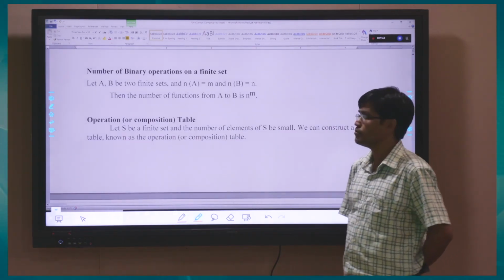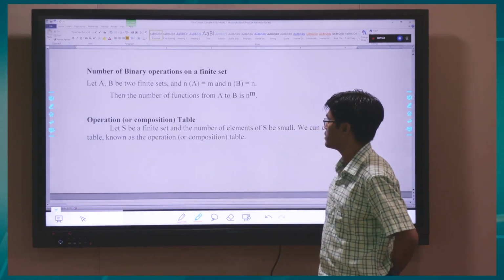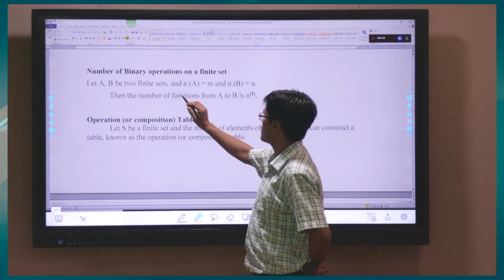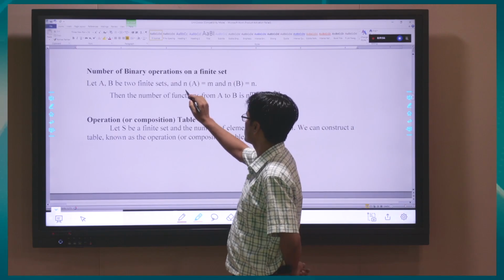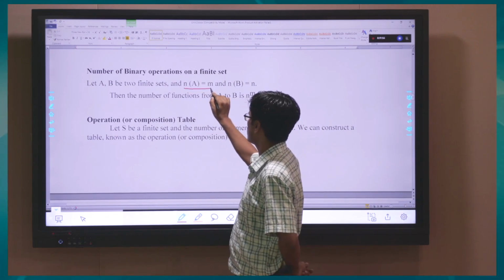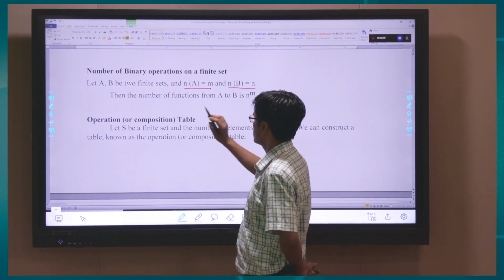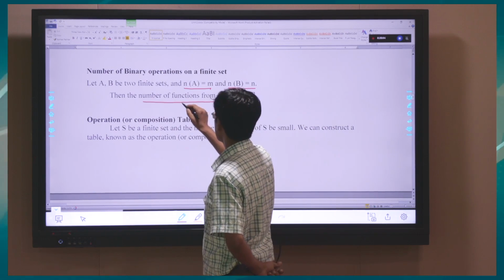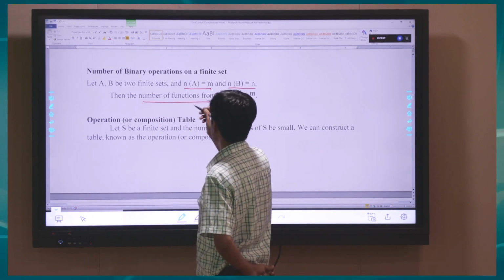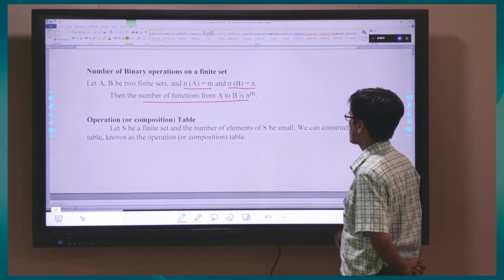Now there is a formula. How can we find the number of binary operations on a finite set? This is a standard formula. If we consider 2 finite sets A and B, the number of elements of A is m and the number of elements of B is n, then the number of binary operations from A cross B is n to the power m.